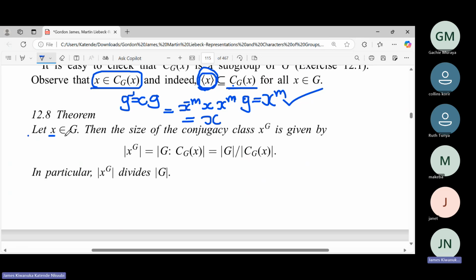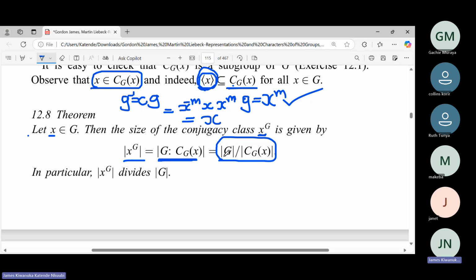So here's a theorem. It says, suppose X is in G, then we can make the following claim: the number of elements in the conjugacy class of X is the same as the index of the centralizer of X in G. That's just the number of distinct left cosets of the centralizer in G. This Lagrange is connected in some way to what we're doing now. If you apply Lagrange's theorem, you can now write this last bit.